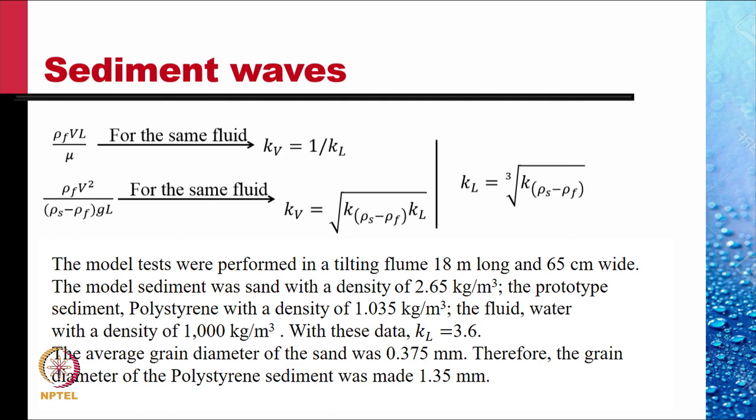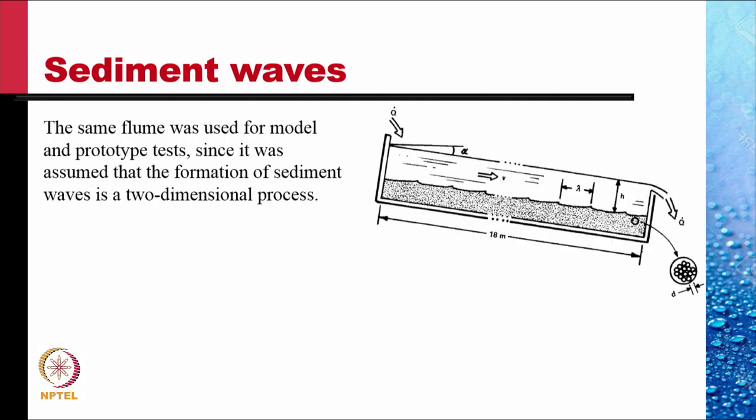With these data, Kl is equal to 3.6. The average grain diameter of the sand was 0.375. Therefore, the grain diameter of the polystyrene sediment was made 1.35 millimeter using the same scale factor of 3.6. So this was the testing arrangement.